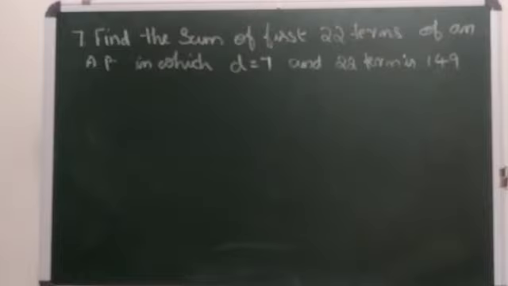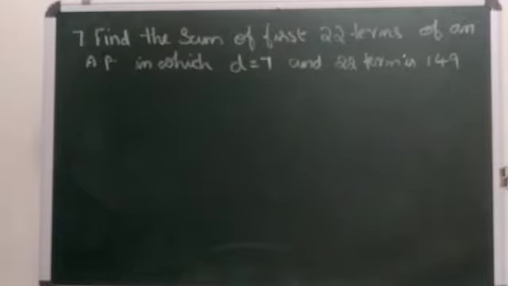Okay, so see this is question number 7 in our exercise. Find the sum of first 22 terms of an AP in which d equal to 7 and 22nd term is 149. From this, how will we find the sum? That we will discuss. Listen here.